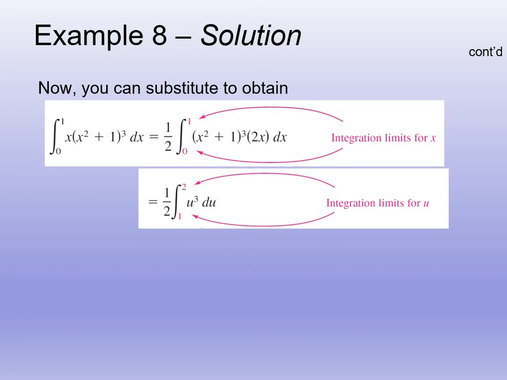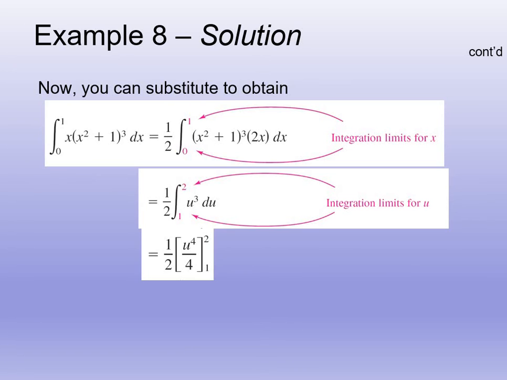So now when we do the antiderivative and go through, we're going to do everything in terms of u and the new limits of integration that are in terms of u. You have to do this for every definite integral that you do. If you don't, you're going to be wrong.